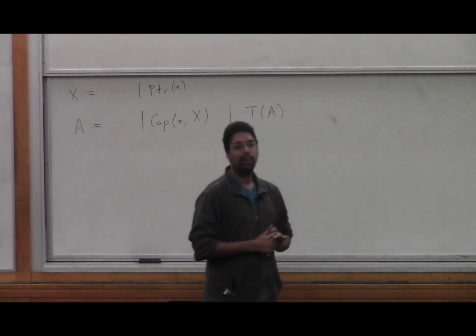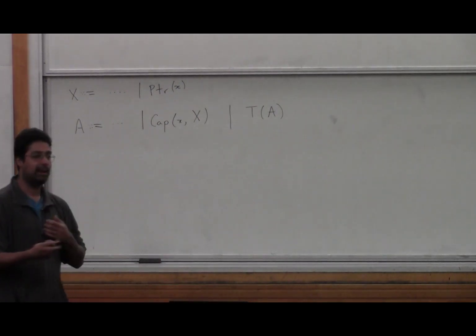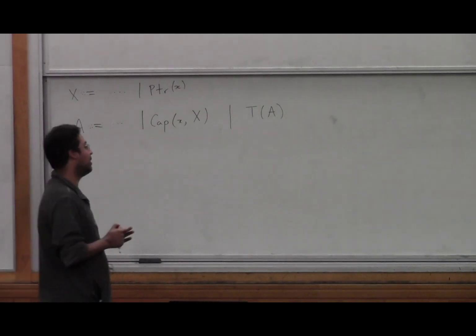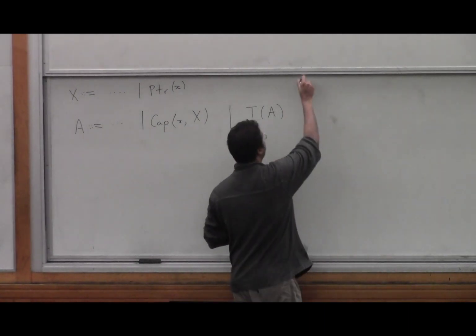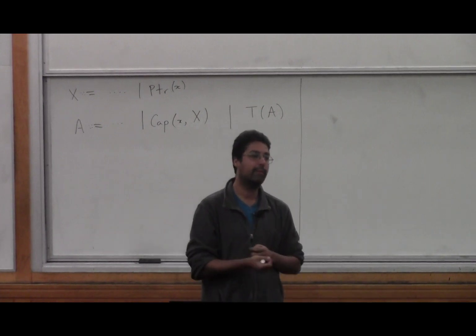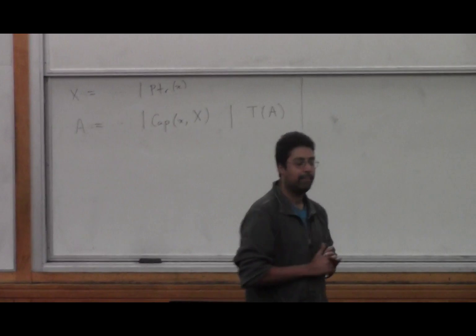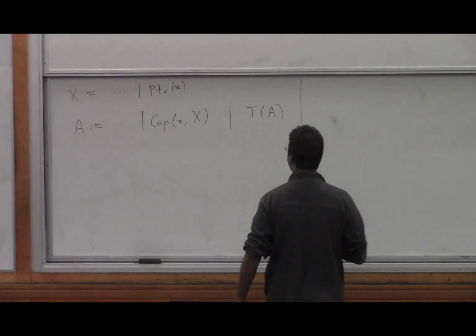Okay, and so once you have this, we can now say what it means to do things with pointers and capabilities. What I'm going to do is write down some types for some of these constants.